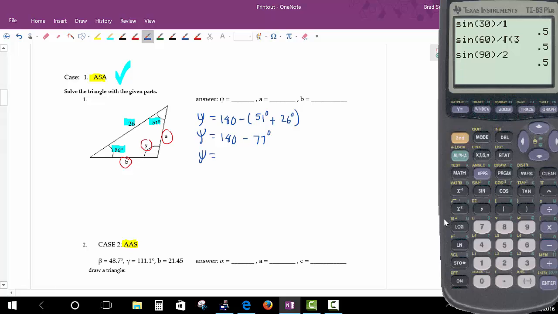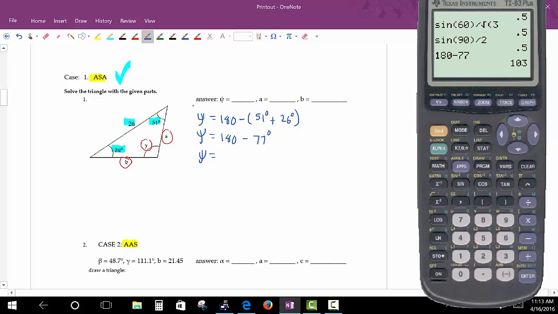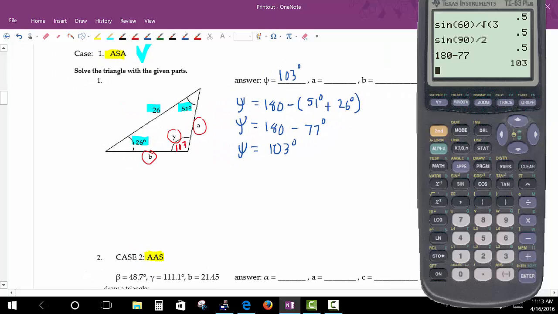And then I could subtract that. You can use a calculator if you need to. So if we got 180 minus 77, that's going to give 103 degrees. All right. So what we've done is we've got our angle filled in. Okay, so just as I get these pieces, I'm going to put these in. So that's 103 degrees like that then.